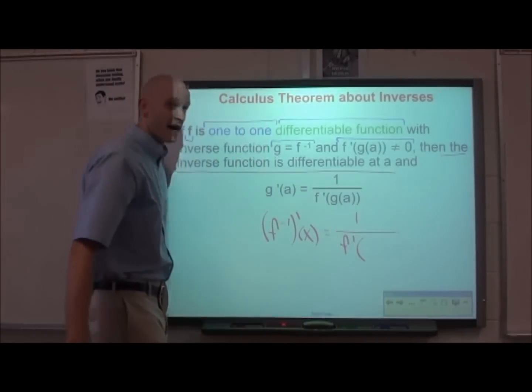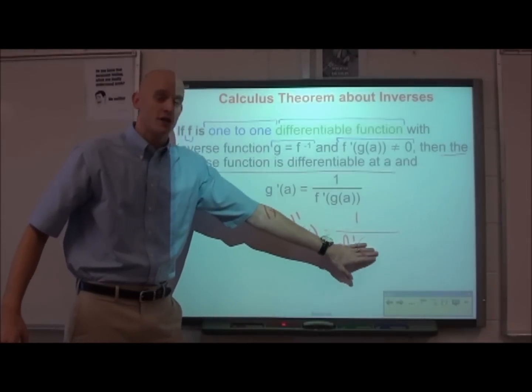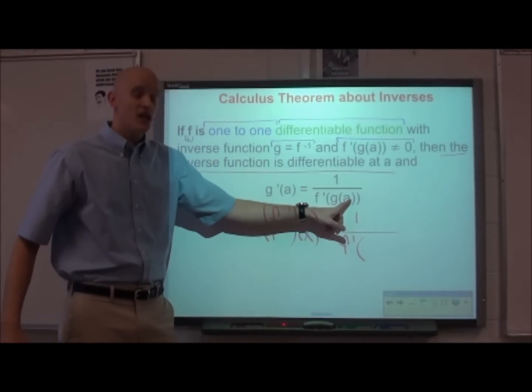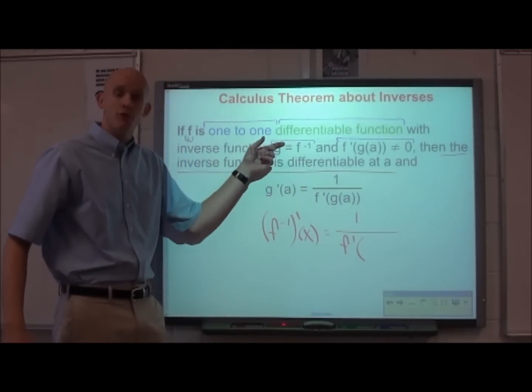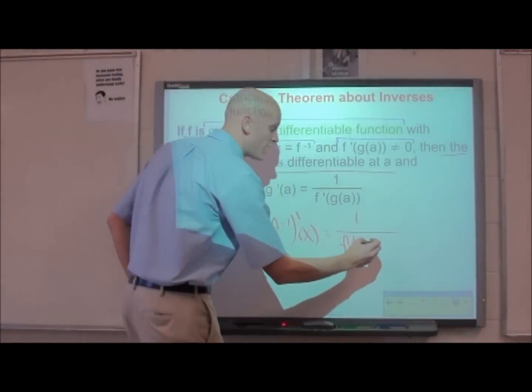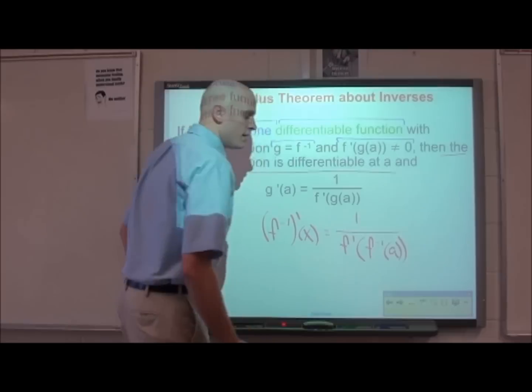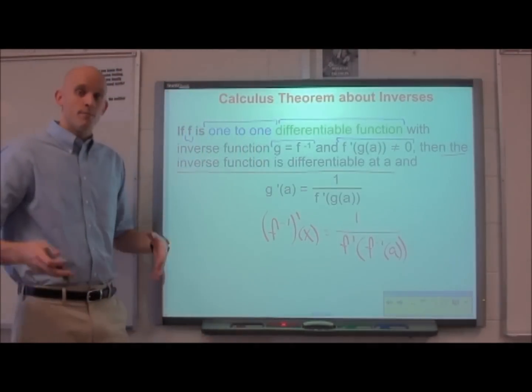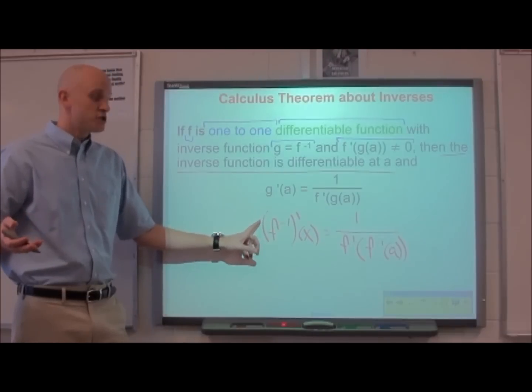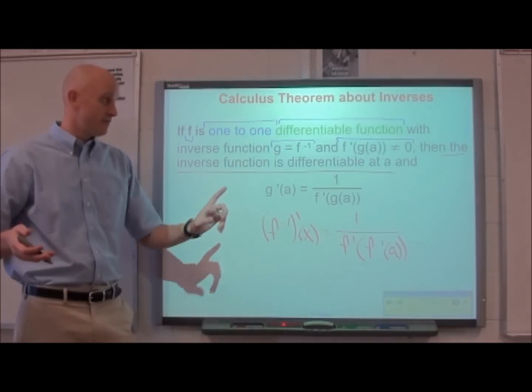It is composition, in fact. You will have to input g of a. Now what was g? g was the inverse, so we have to input into our inverse the a value. And then we'll have the derivative of the inverse.